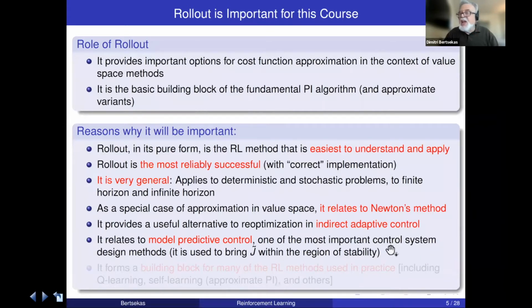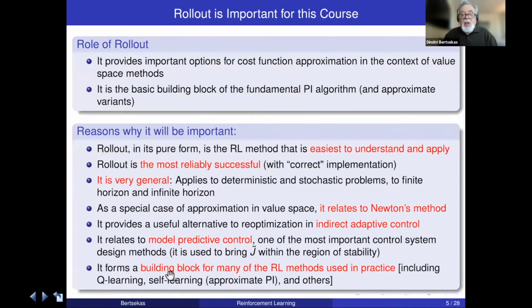Issues of stability are very important in model predictive control: how you pick J tilde so that it produces a stable approximation in value space policy, a look ahead policy. That's a big question, and truncated rollout can help to bring the J tilde within the good region of stability. We may revisit this later in another lecture.